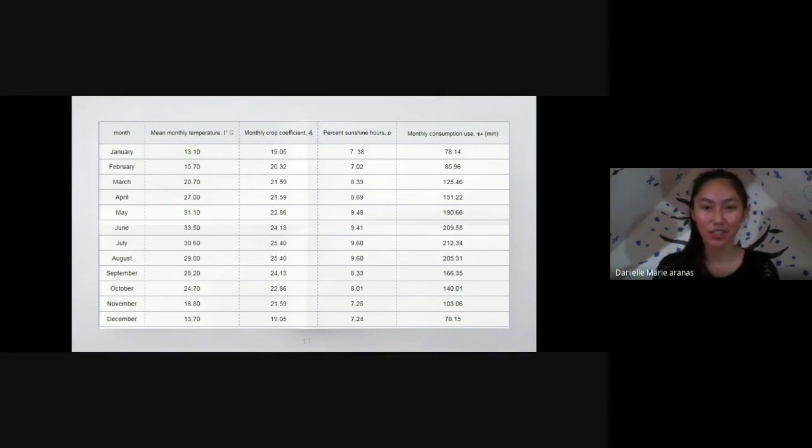What is the yearly consumptive use? So we are just going to sum all of these monthly consumptive use values, and we will get the yearly consumptive use. If we sum it all up, we will get 1,756.25.